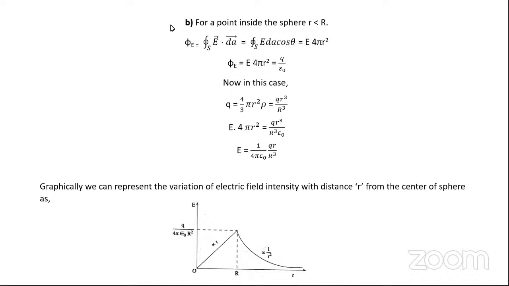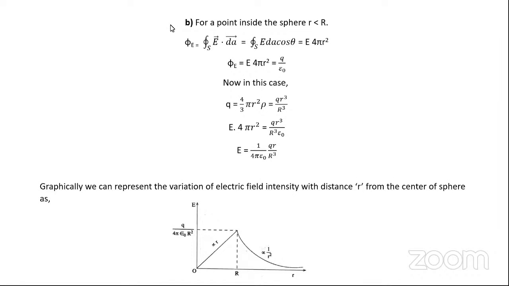Okay, so this is the second case. Actually, here we have a change in the enclosed Q. Now, what is Q enclosed in that particular Gaussian surface? It will be 4/3 pi r cube multiplied by rho, but the charge is spread over the complete sphere.